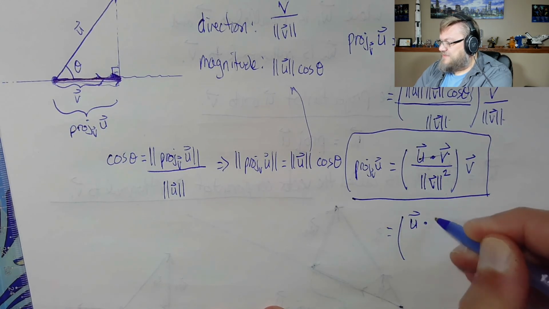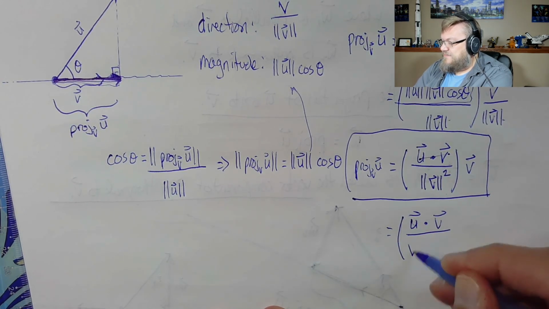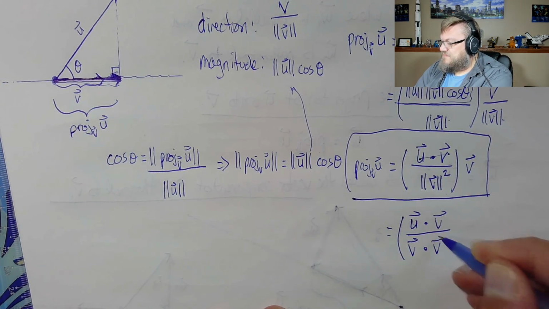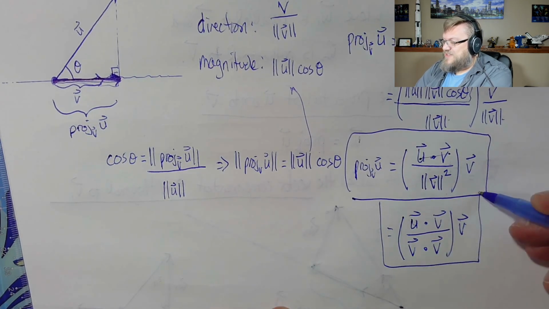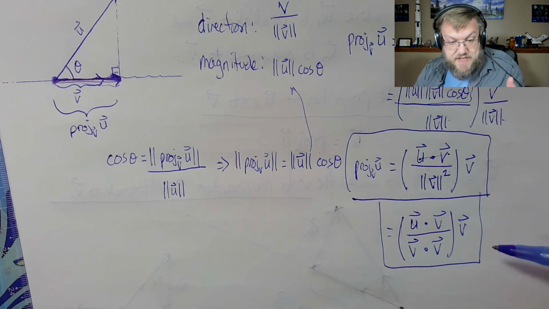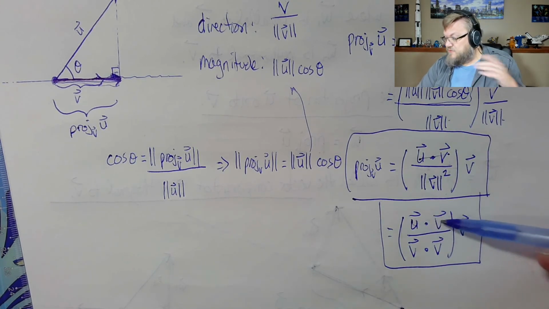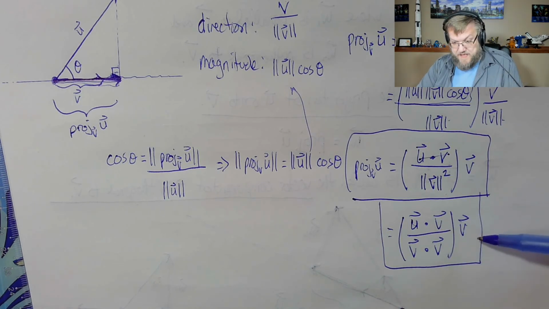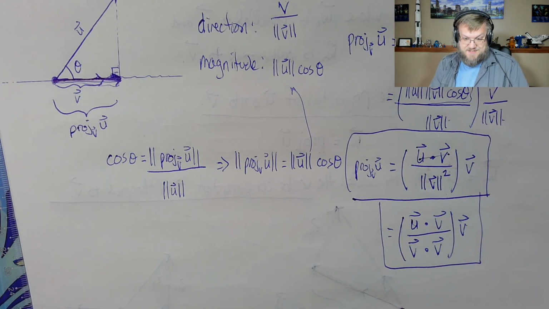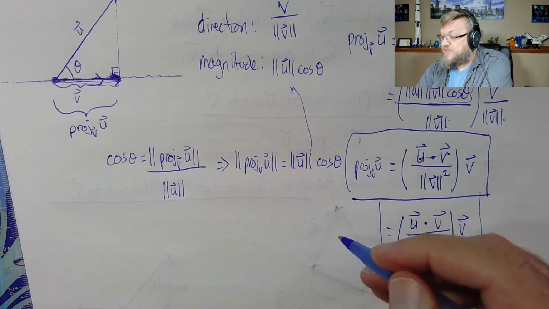That can also be thought of as a dot product of v with itself. And so here is a really nice, lovely formula for the projection vector, completely in terms of dot products. U dot v divided by v dot v, multiply that by v, gives you the projection vector of u onto v. Or sorry, of u onto v, I mean.